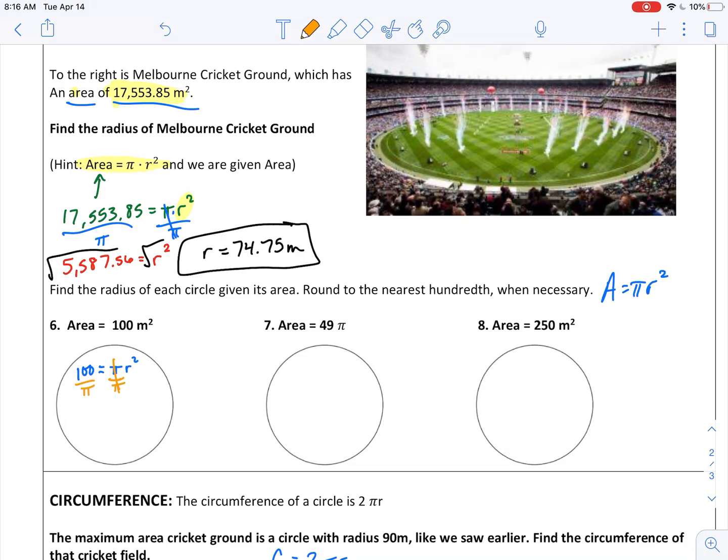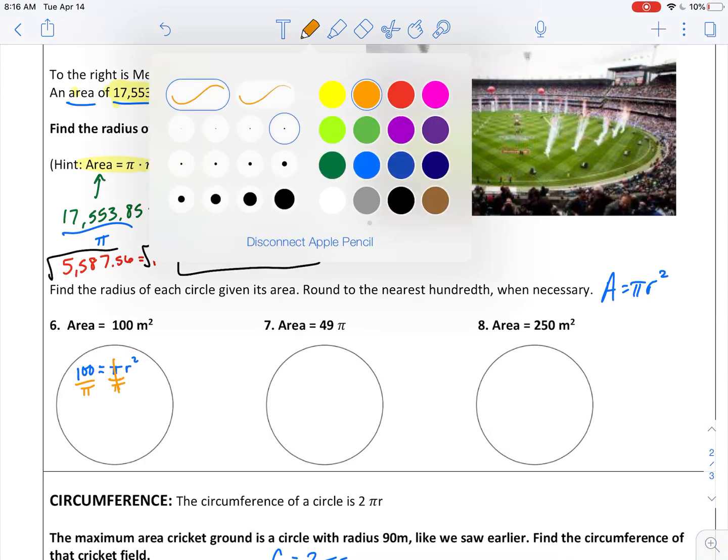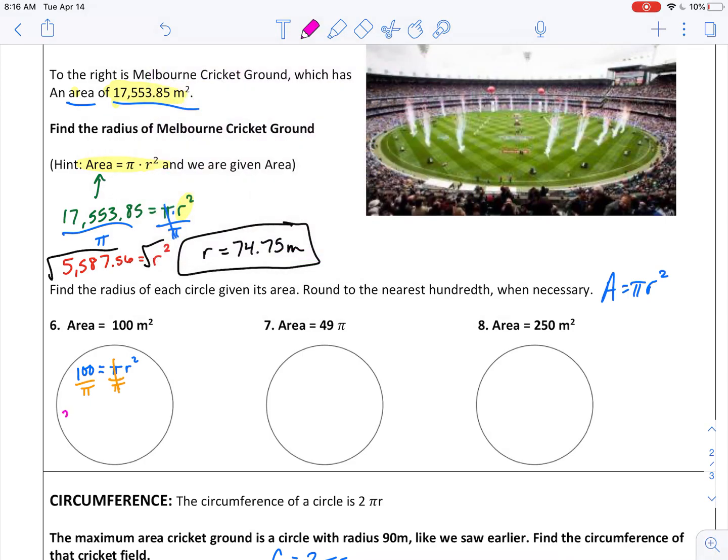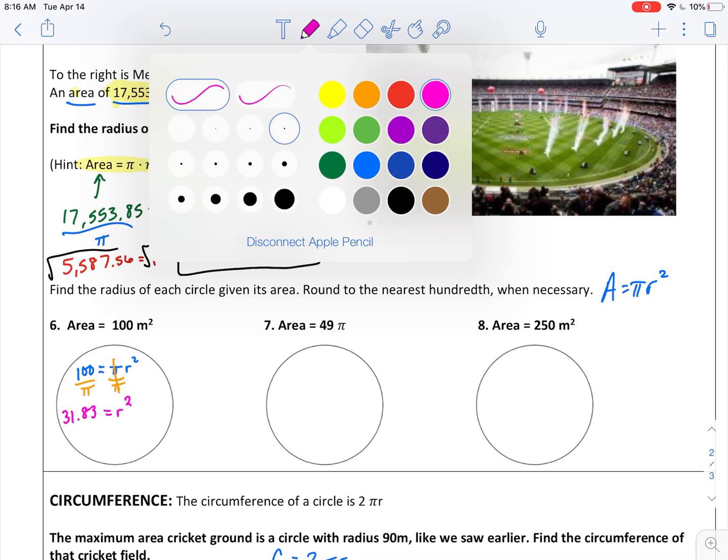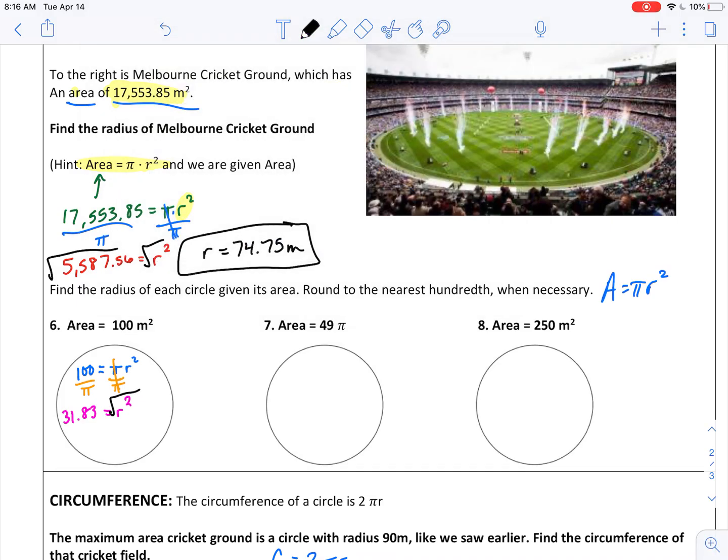And again, our process will always stay the same, so that's not going to change ever. We'll divide by pi to get the r squared by itself, because that's what we're trying to solve for. So we'll say 100 divided by pi, and we'll get 31.83 equals r squared.